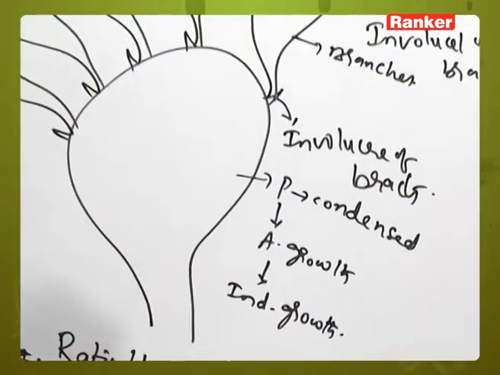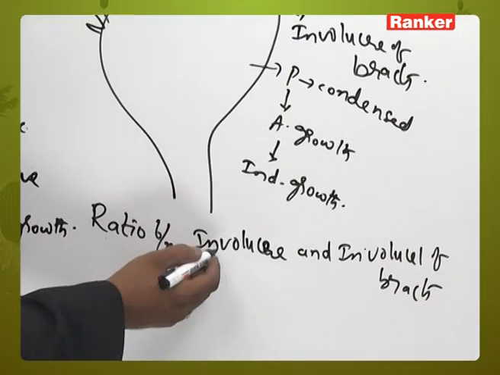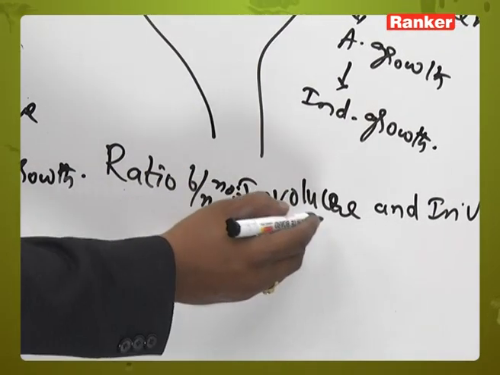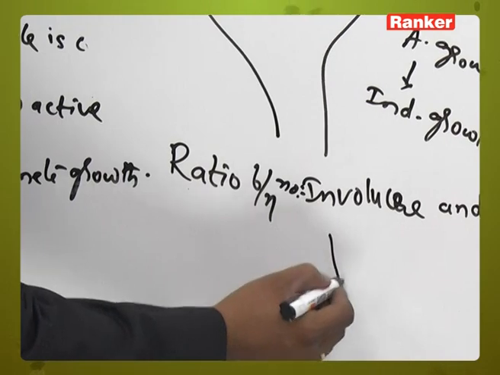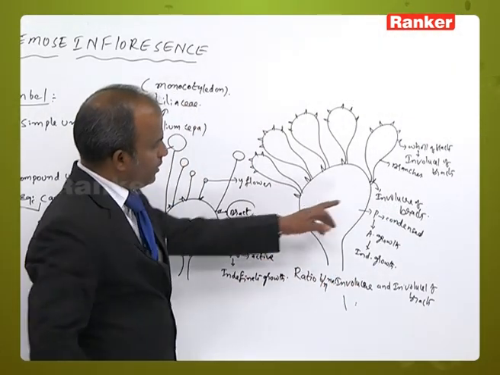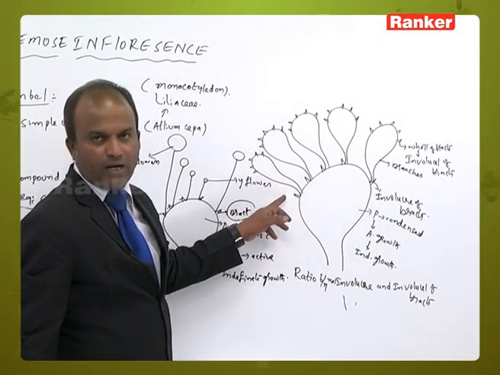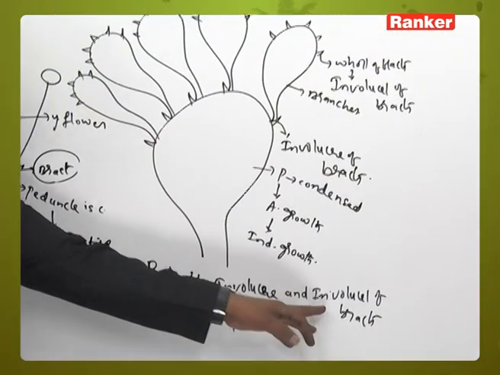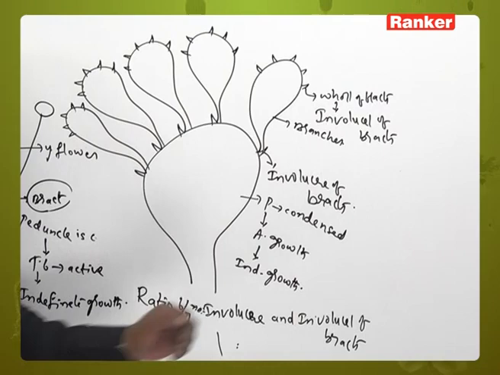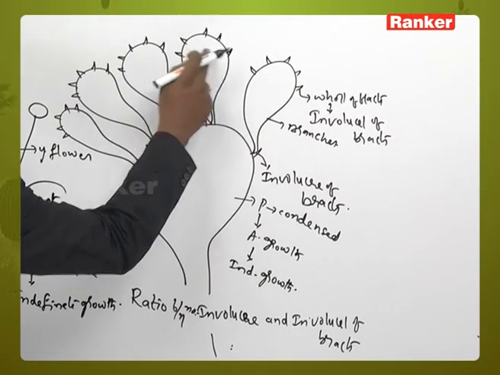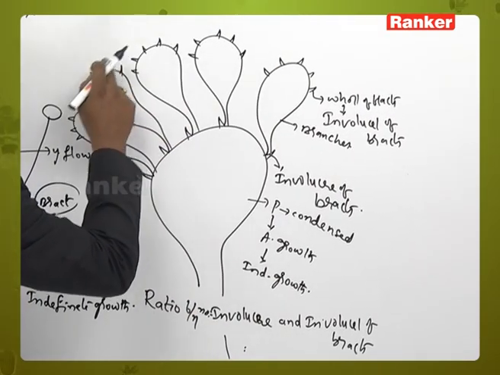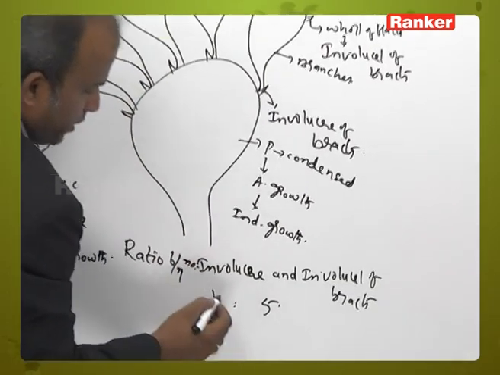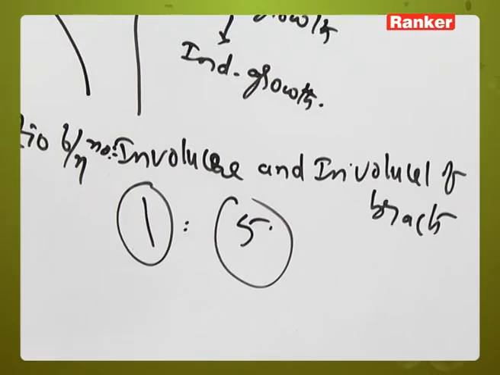The number of involucres is only 1, so I have written 1 here. And the number of involucels: 1st involucel, 2nd, 3rd, 4th and 5th. So that is nothing but 1:5.